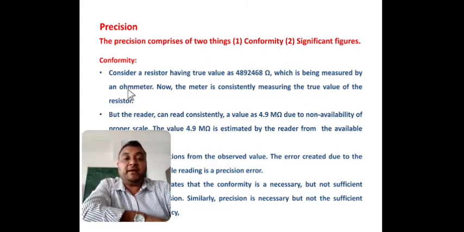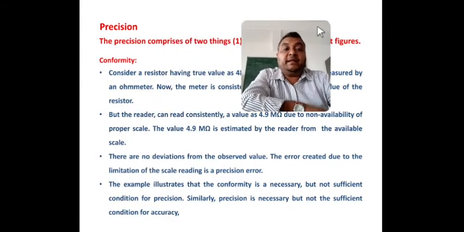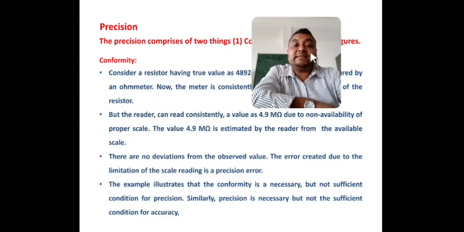For conformity, consider a resistor having a true value in ohms that is being measured by an ohm meter. The meter consistently measures the true value of the resistor, but the reader can consistently read a value of 4.9 mega ohm due to non-availability of a proper scale.